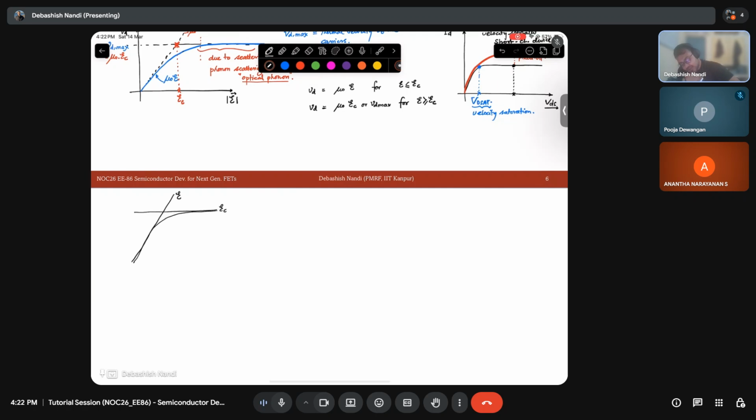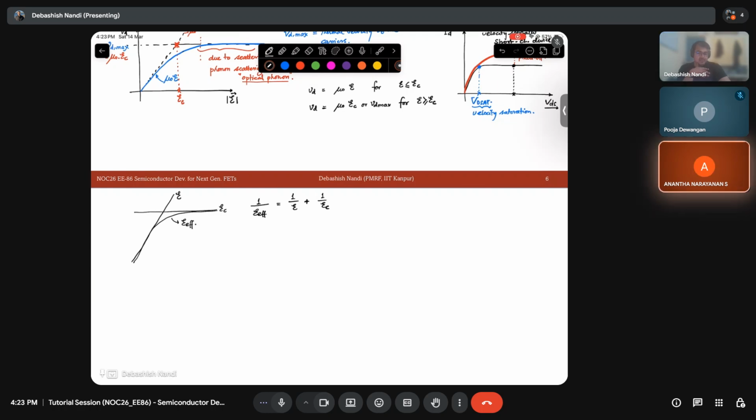How will I get that? Let's say this line is E effective. So what will be E effective? The lowest one will dominate, right?